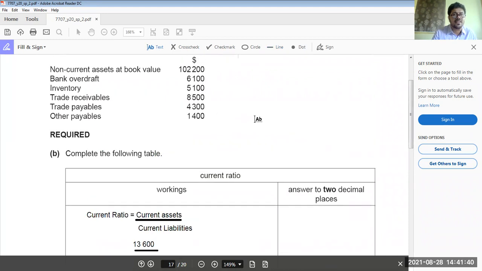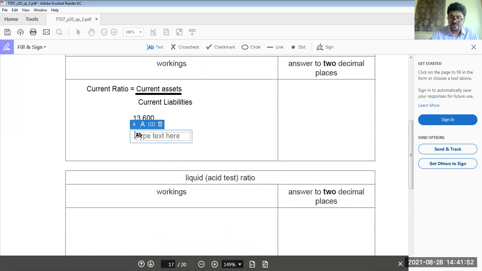Current liabilities we have: bank overdraft 1,100 plus trade payables 4,200 plus other payables, 11,800. So this is 11,800. So the ratio is 1.15. Answer would be 1.15.